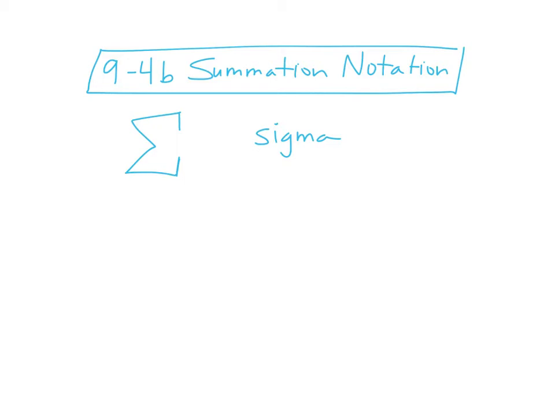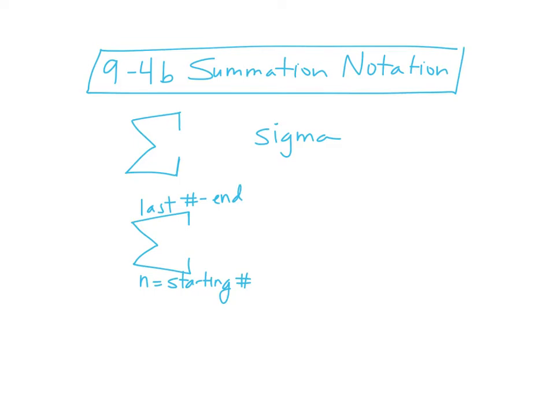So the way that we set this up, I'm going to just write another one here to make some room. This is going to be your n equals, and then it's your starting number. And then this is going to be your last number, or the end of your setup.